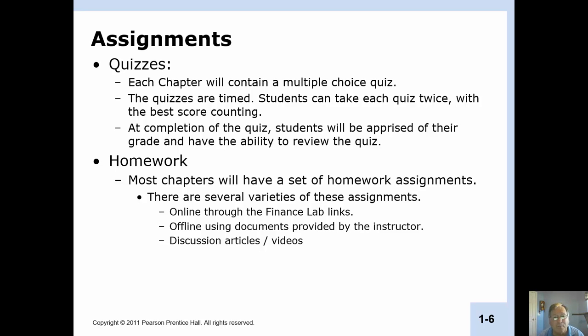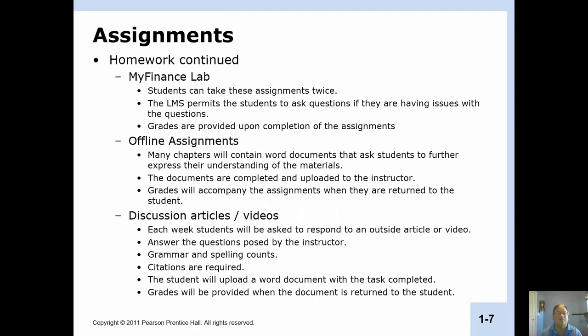And at the completion of the quiz, you'll be apprised of your grade, and you'll have the ability to review that quiz. For homework, most chapters have a set of homework assignments. We've already talked about that. They're either online through the Finance Lab, offline using Word documents, and there'll be the discussion articles and videos.